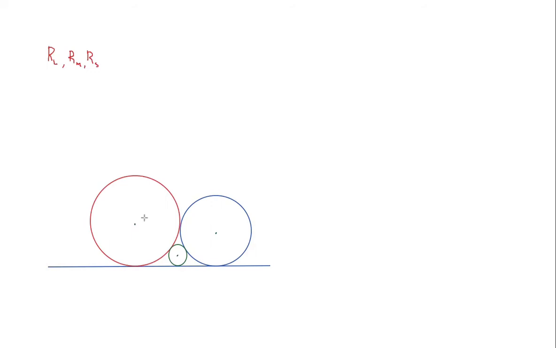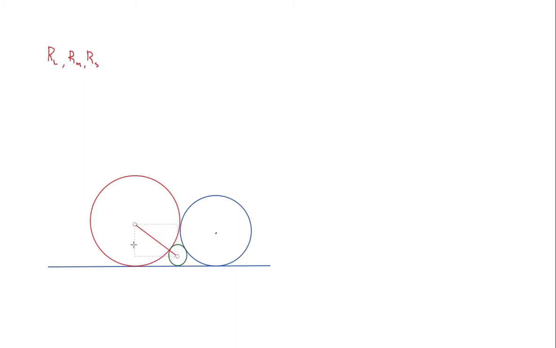So if I go from the center here to the center here, that distance and the shape here actually kind of gives it away. This distance is going to be the hypotenuse of this right angle triangle. This distance is also made up of RL, the long radius, and RS, the small radius.